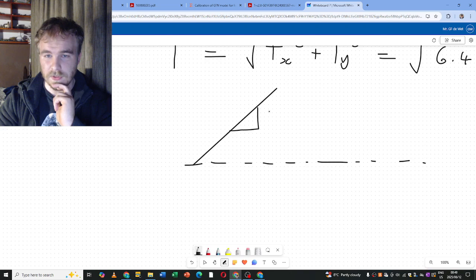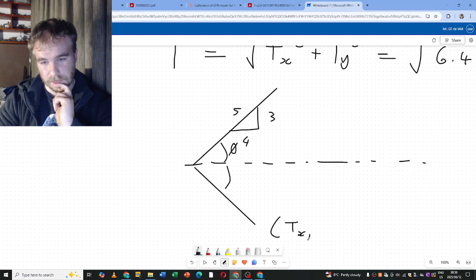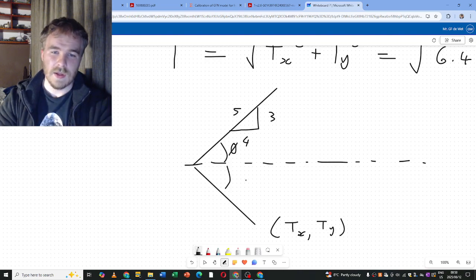One is for this little triangle with the 3, 4, 5, and we can specify that angle to be psi. And the other one is in line with our Tx, Ty coordinates, and we'll call that theta.